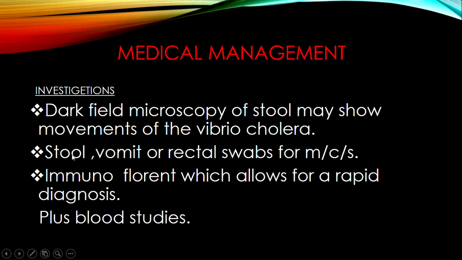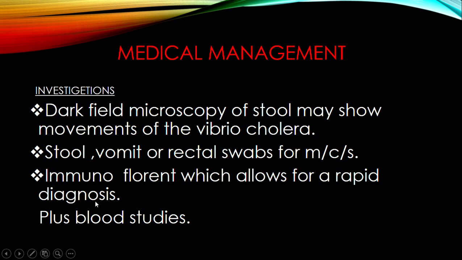So secondly, stool, vomit or rectal swab will be collected for microscopy, culture and sensitivity, and so this will show the presence of the Vibrio cholerae. Also, immunofluorescence, which allows for a rapid diagnosis.